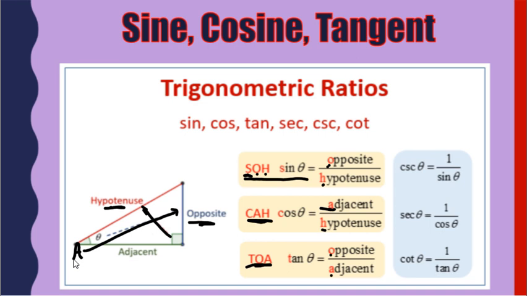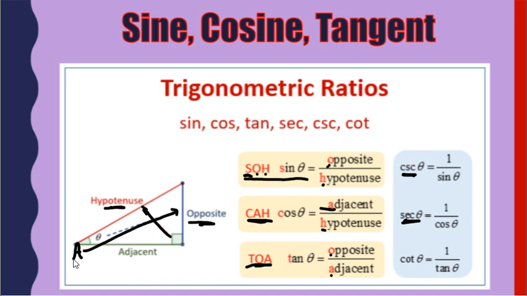And then you have 3 other ones that we're not going to look at today, but just for future reference, here's cosecant, which is the reciprocal of sine, so instead of opposite over hypotenuse, it would be hypotenuse over opposite.